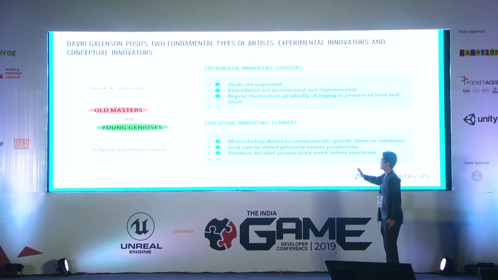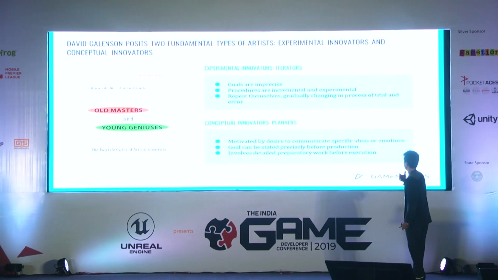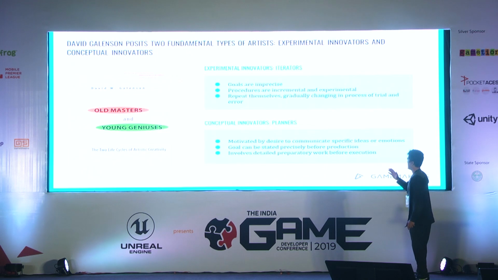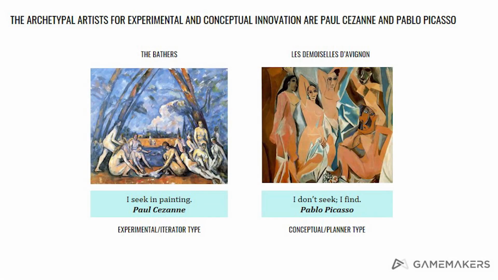These artists are motivated by a desire to communicate a specific idea or emotion. Their goal can be stated precisely before production, and often it involves detailed preparatory work before execution. The archetypal artists for experimental and conceptual innovation are Paul Cézanne and Pablo Picasso.